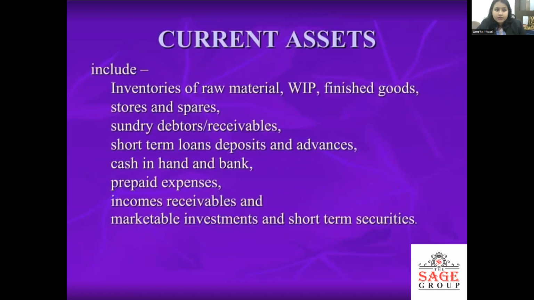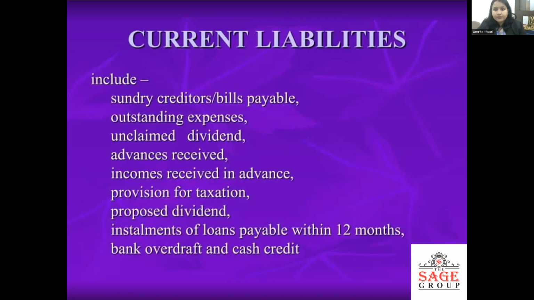Current assets include inventories of raw materials, WIP, that is work in process inventories, finished goods, stores and spares, sundry debtors, receivables, short-term loans, deposits and advances, cash in hand, cash at bank, prepaid expenses, income receivable, and marketable investments in short-term securities.